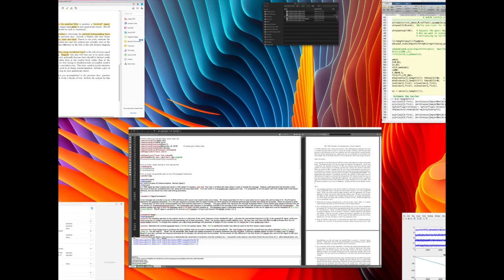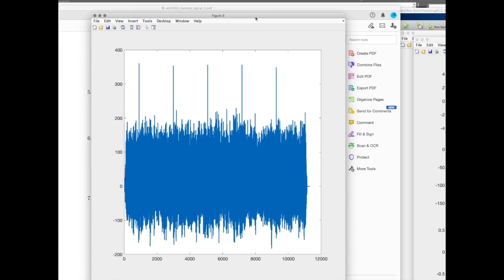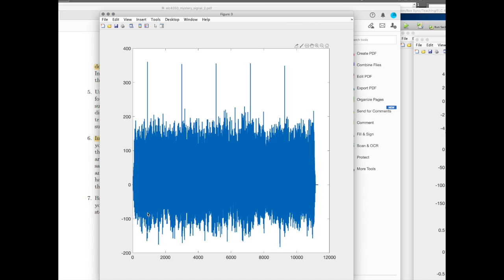So when you turn in your correlation plot, it should look something like this. Depending on your parameters, these peaks might point down, and we know what that means. You have to multiply the whole signal by -1, because your Costas loop algorithm converged to some odd multiple of pi, to be precise.